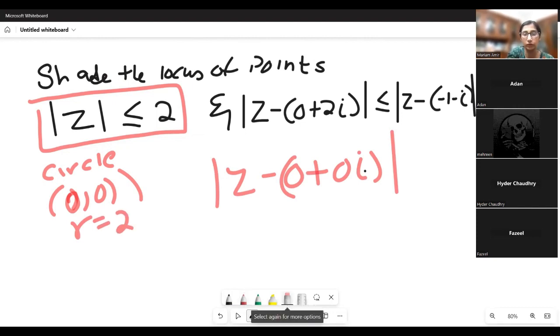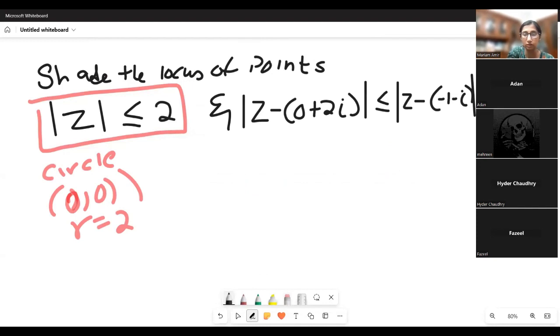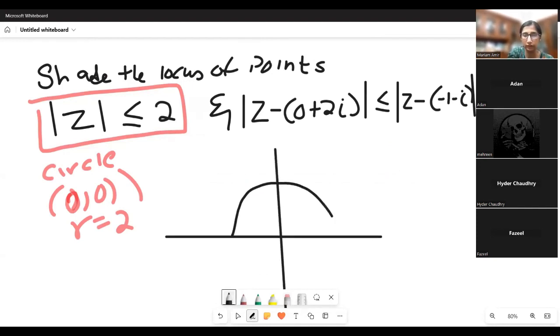So let's plot this first. You'll have a circle like this. This will be 2, minus 2, 2, and minus 2. The radius is 2 and it's less than or equal to 2.